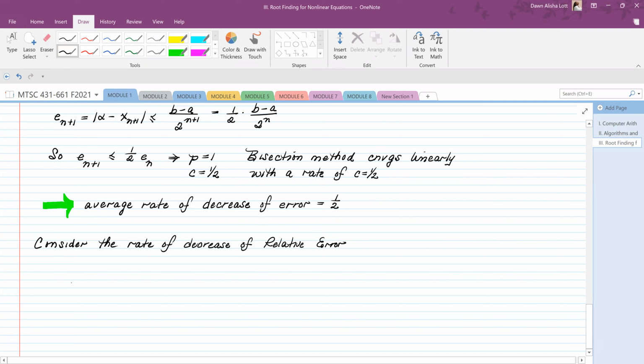Okay, so we know that the relative error in x_n is equal to alpha minus x_n over alpha. So it's the true value minus the approximated value over the true value. All right, but that's approximately x_{n+1} minus x_n over x_{n+1}.